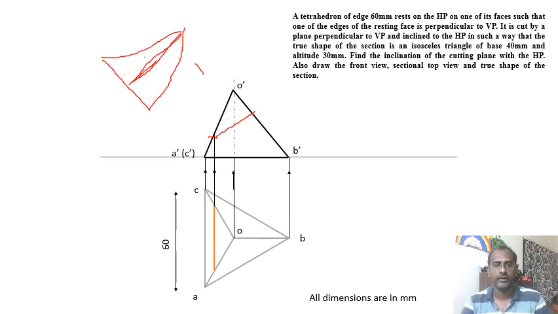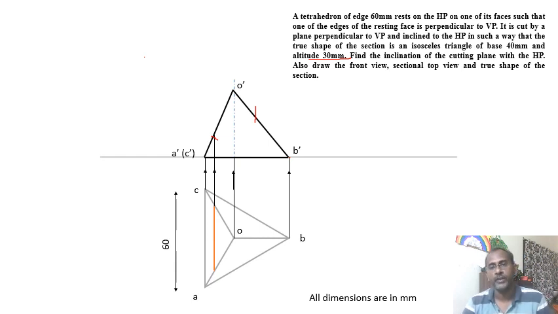Why? Because you are trying to get the true shape by viewing in this direction. So the line you get here should be equal to the line you are going to get in the true shape. The true shape altitude is given, which is 30 mm. So after getting this cut point, take a measurement in your compass of length 30 mm and cut an arc on the slant edge OB.